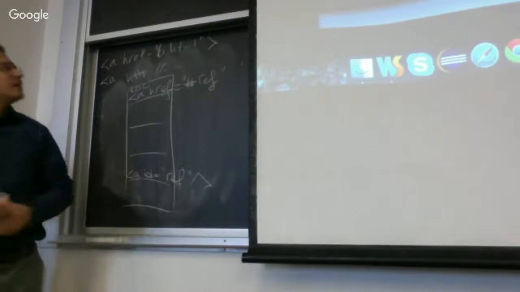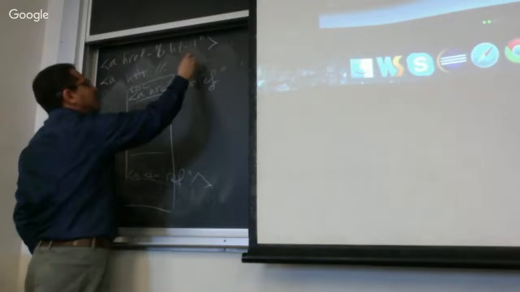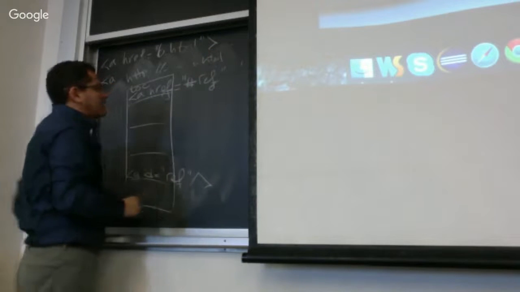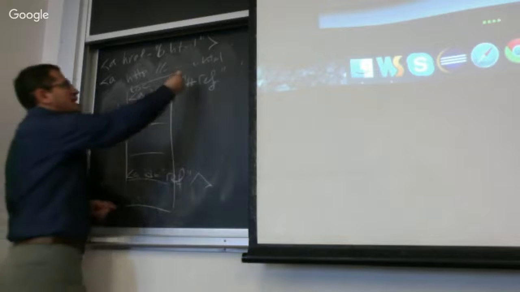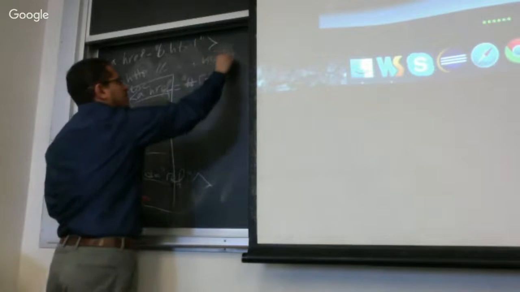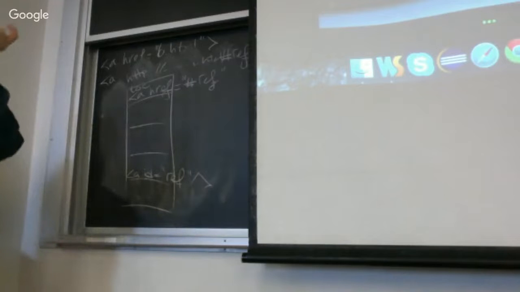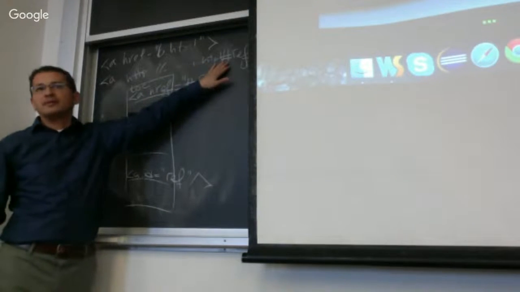Okay? So if you are at a page, I don't know, i.html, say, and you click on ref, what this becomes is i.html#ref. The hash is appended to the end of the URL.